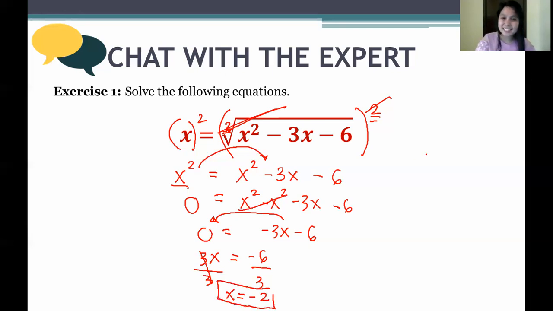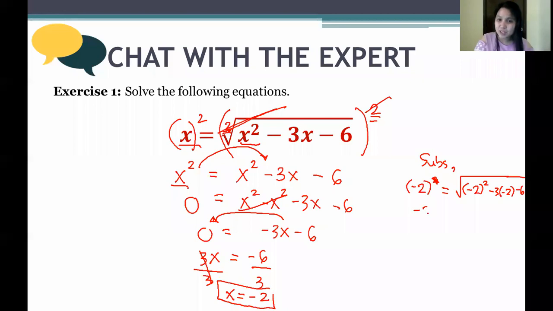Now, let us substitute it. Ready? Negative 2. That's x, not squared. No more squared. Equals the square root of x squared minus 3 times negative 2 minus 6. So we now have negative 2 equals, negative 2 squared is 4.